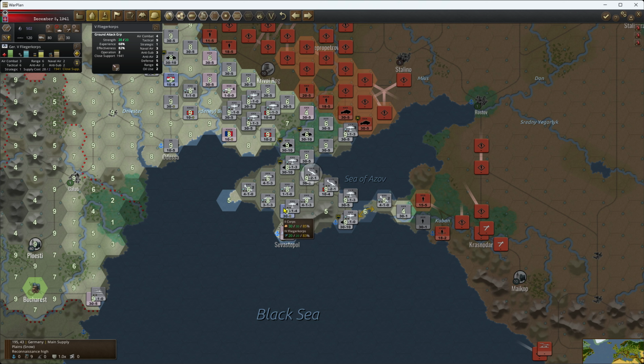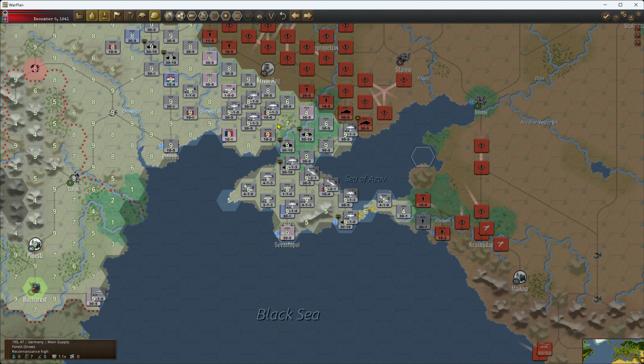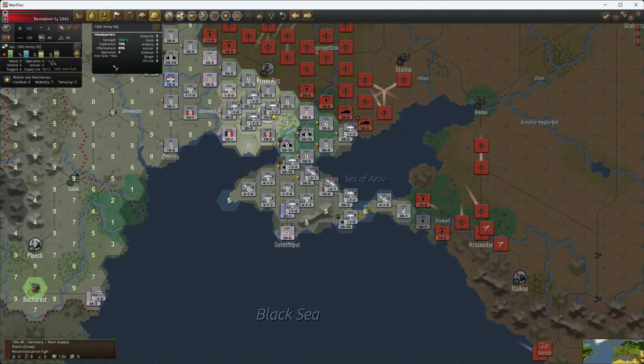It'll save some oil if I don't move them around. There's nowhere to move them. None of this is suitable for air bases. So I have to move them back here. I suppose that would be okay. But I've got fighters here. So where am I going to move the fighters?